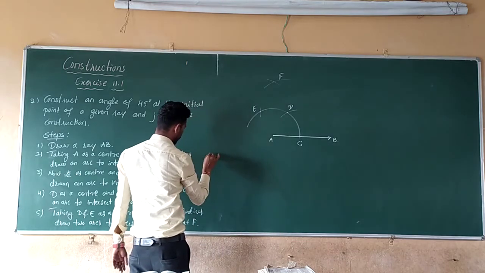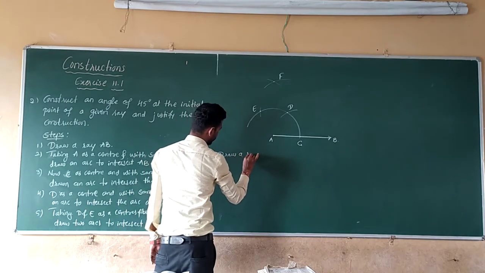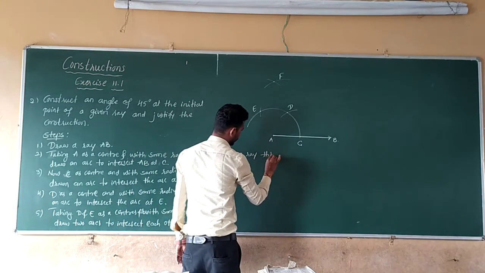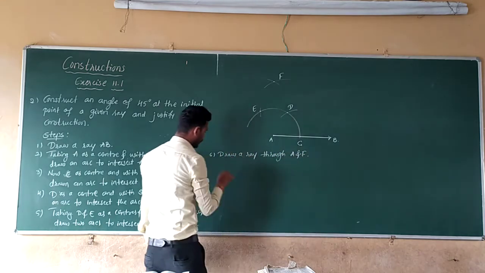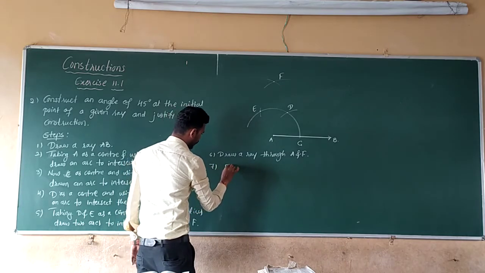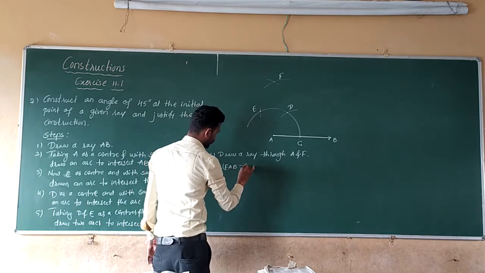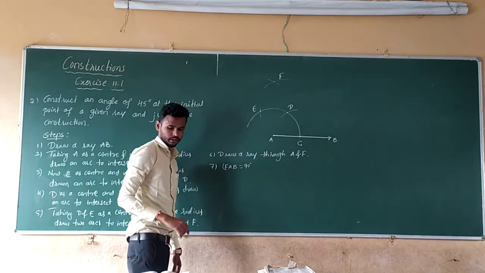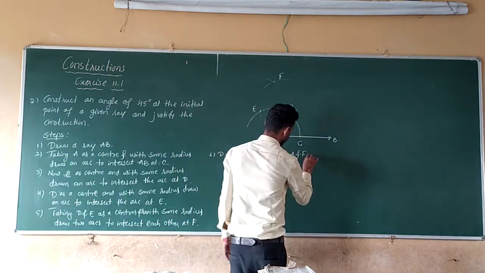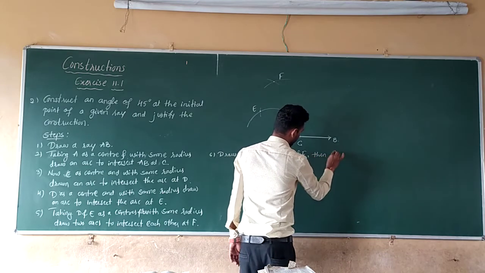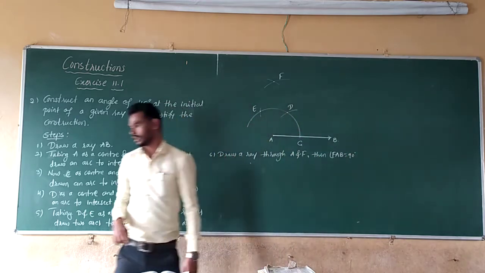Sixth step: draw a ray through A and F. Then you will get angle FAB is equal to 90 degrees.